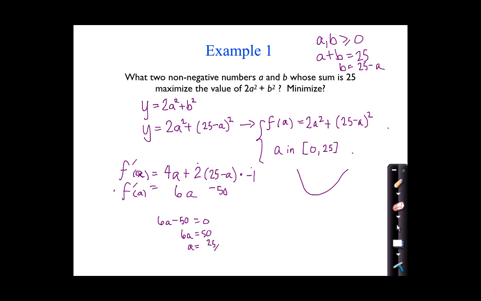I'll just write it like that, 8 1/3. But the second derivative is 6, which is positive, meaning concave up everywhere, so this shape. So this 0, which is at 8 1/3, which is within our domain, is a minimum.